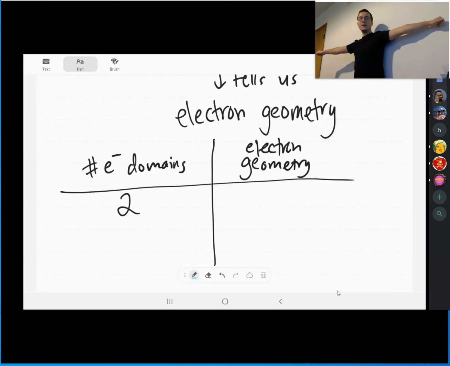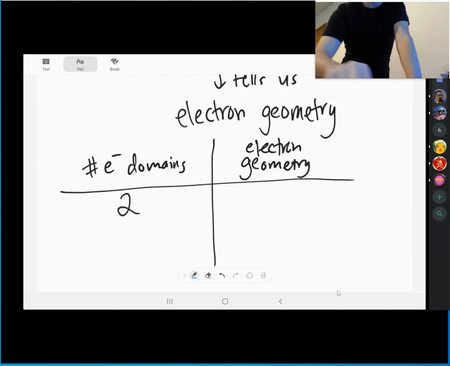Okay? What's the bond angle in between these? Like from here to here. What's the angle? 0. Aha, 180. Yeah. 0 would be like this, where they're right on top of each other. But 180 is where they're fully apart.